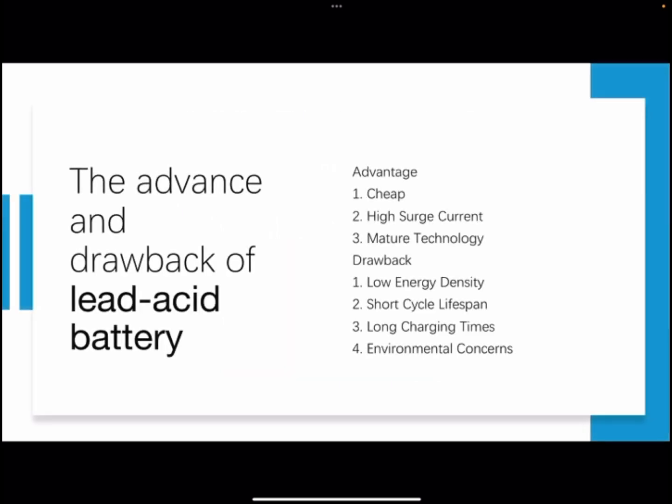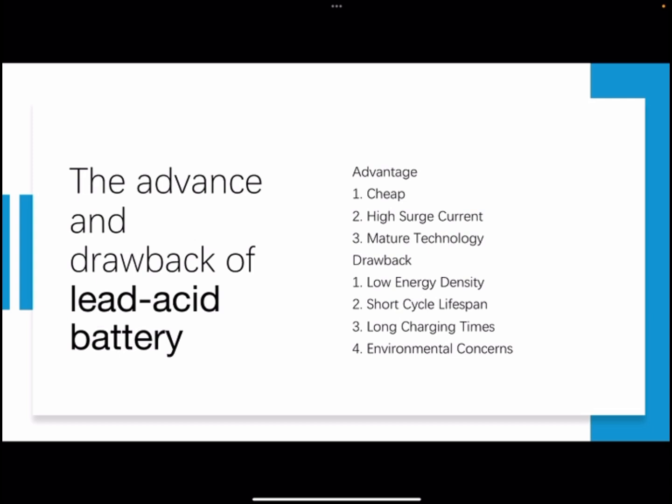And then we take a look at the advantages and the drawbacks of the lead-acid battery. The advantage is that it's cheap because it's a mature technology to produce lead-acid batteries nowadays, and it has a high surge current, so we can see a lot of lead-acid batteries in small electronic motors, and it's a good feature to power small vehicles like motorcycles.